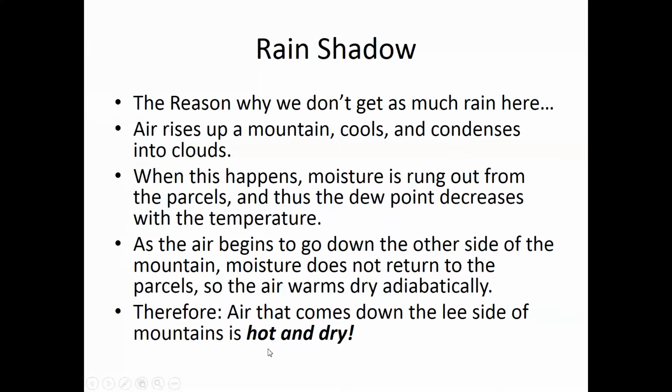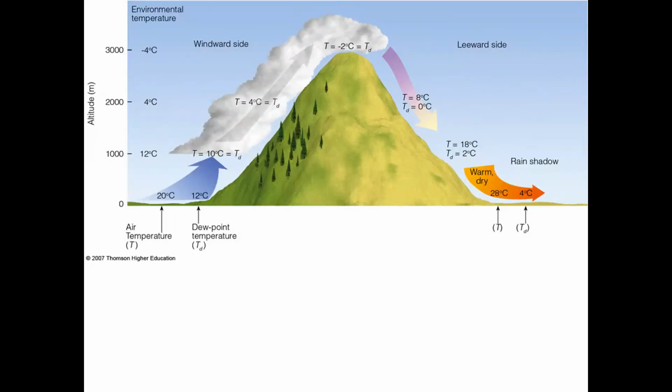So the process looks something like this. Let's say over here is Santa Cruz, and you have moisture over here because you're right near the ocean, and you have parcels of air over here. As these parcels of air are pushed up the Santa Cruz Mountains, they quickly become saturated and they quickly condense, forming clouds. Once this air rises up and over the Santa Cruz Mountains, moisture is condensing and escaping the parcel.